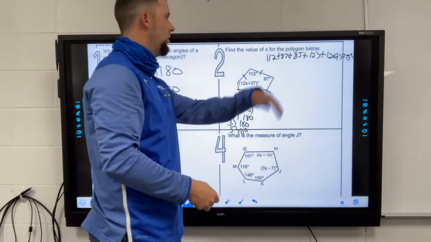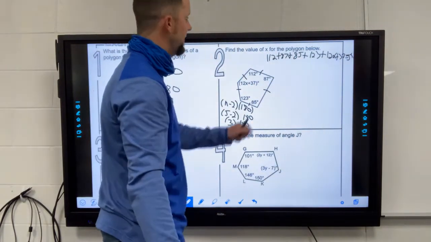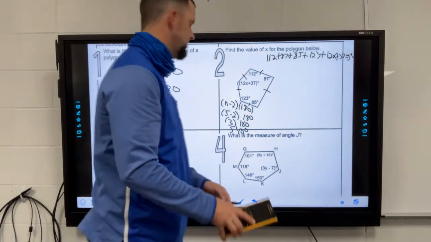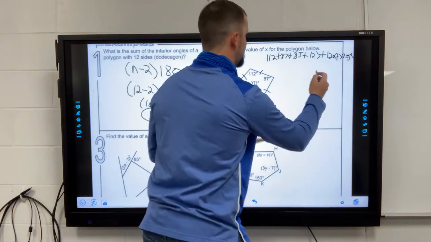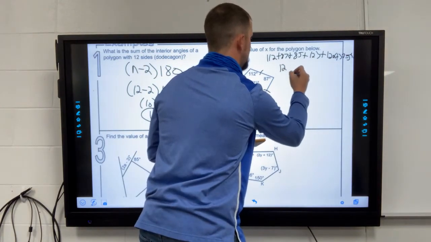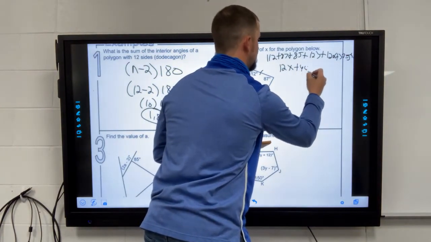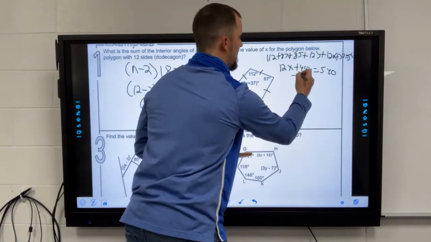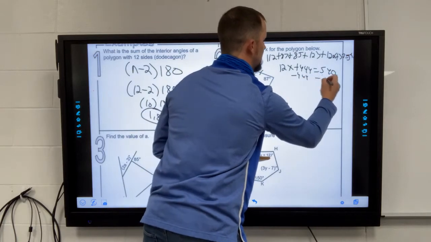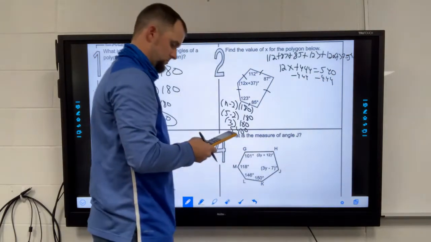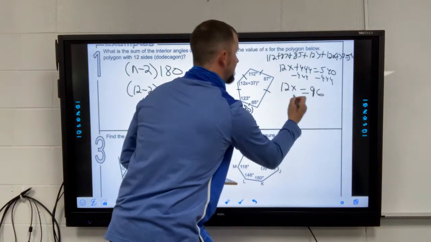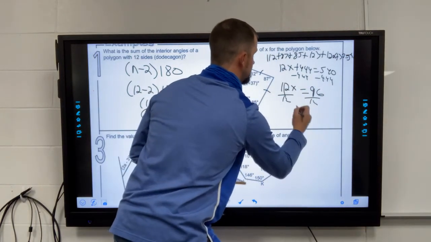So I'm going to combine my like terms here: 112, 87, 85, 123, and 37 together. That's going to add up to 444. So I have 12x plus 444 is going to equal 540. I'm going to subtract 444 from both sides, which is going to give you 96. And then I'm going to divide by 12 on both sides.